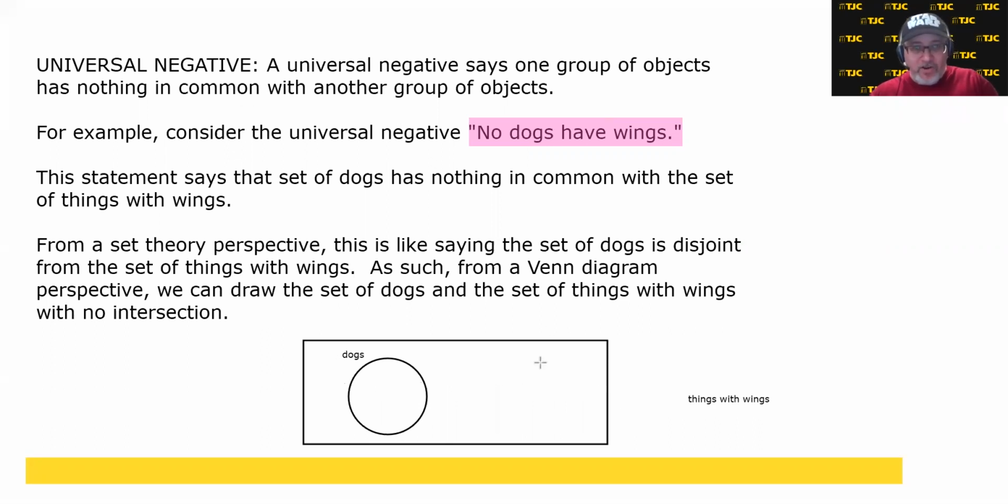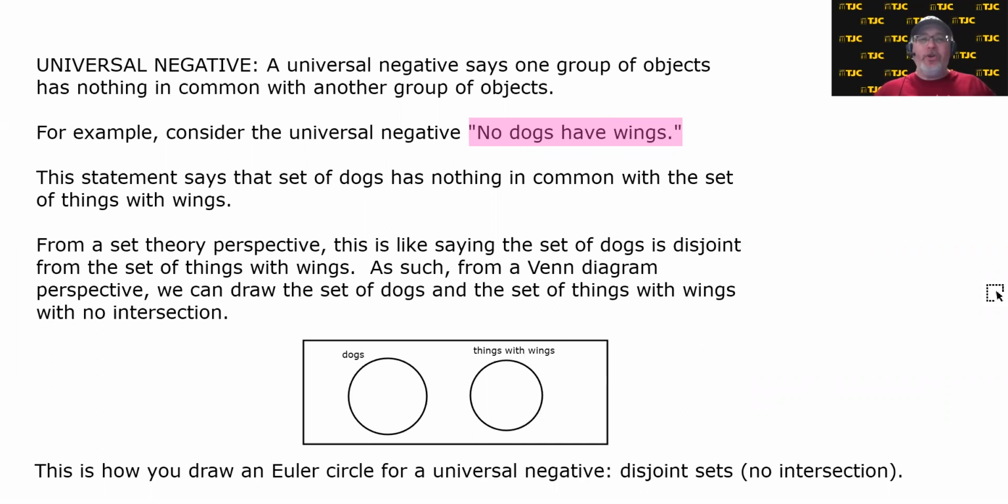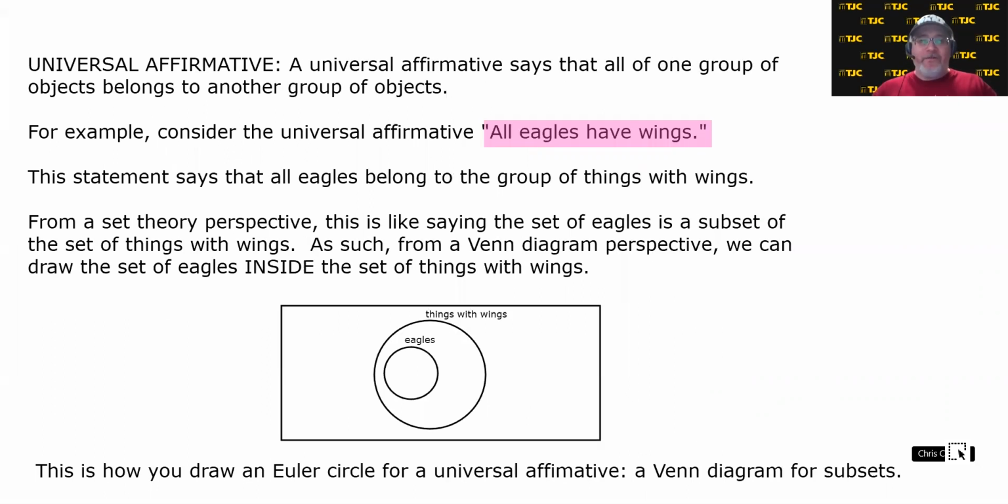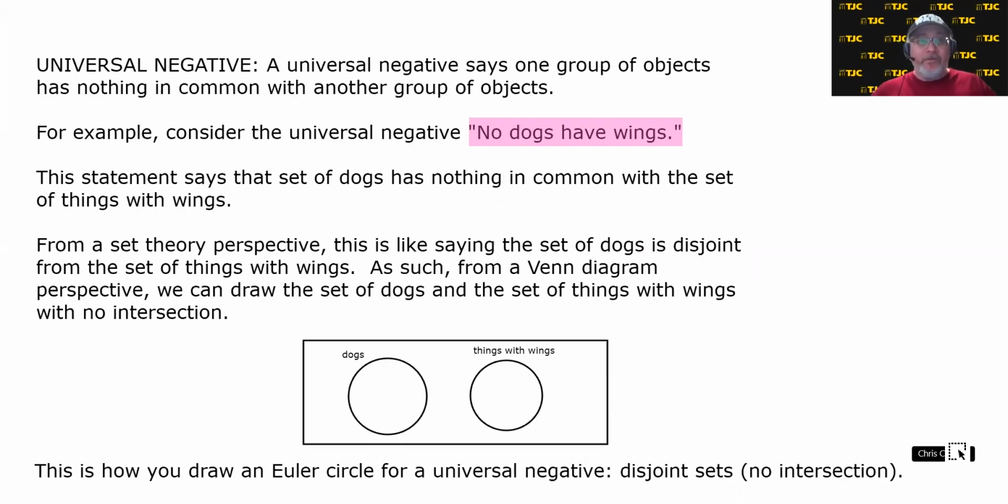But we can't overlap the dog circle because if we did, we're saying that there are some things that belong to both sets simultaneously. Those things would be dogs with wings. This is how you draw an Euler circle for a universal negative, disjoint sets with no intersection. So to contrast the two, universal affirmative, one circle inside of another, universal negative, no overlap whatsoever.